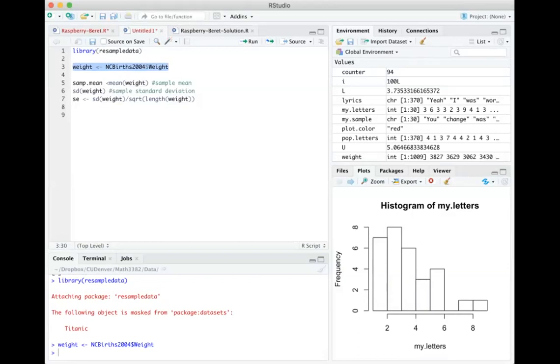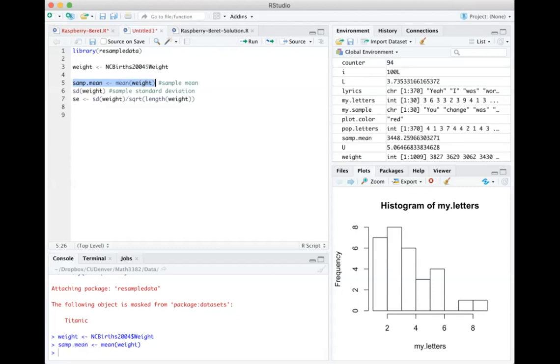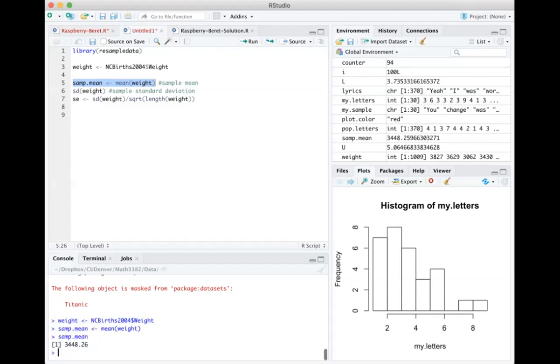If I want to calculate my sample mean, then I just calculate the mean of weight. And we can see that the sample mean, in this case, is 3,448.26 grams. So I'm just going to record that over on the slide.